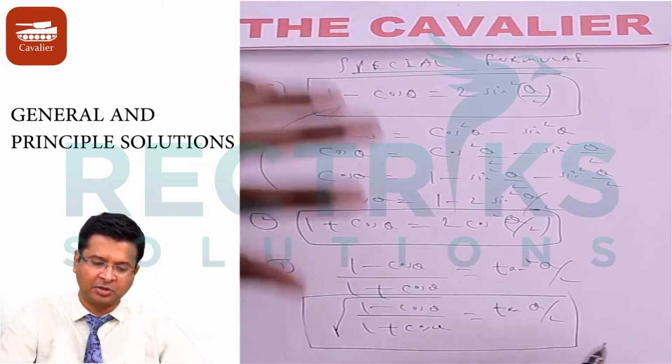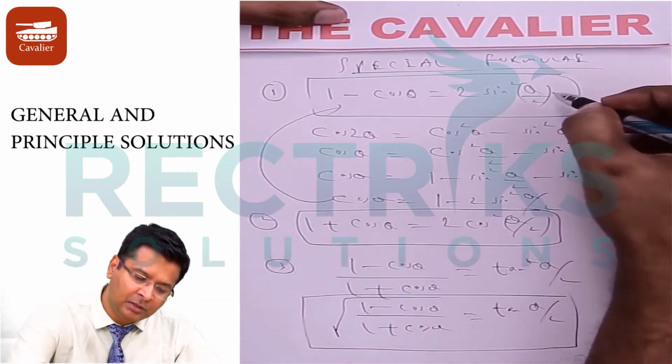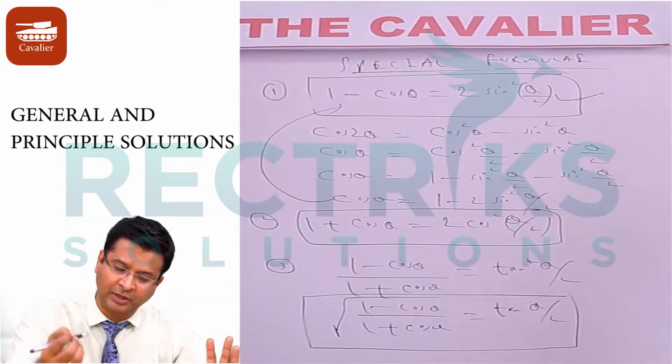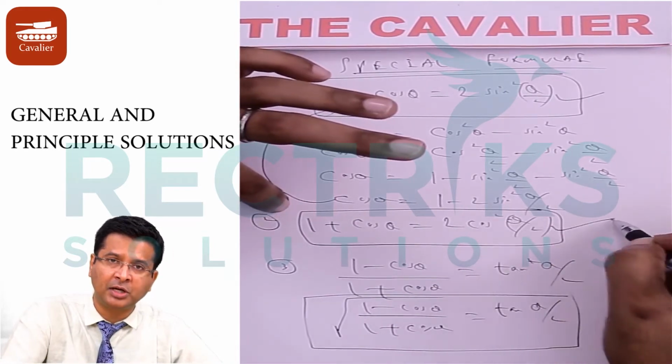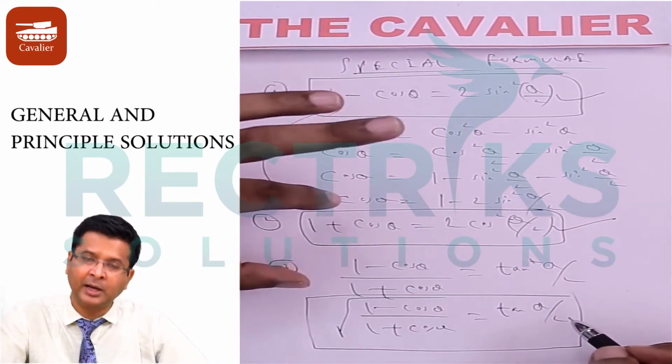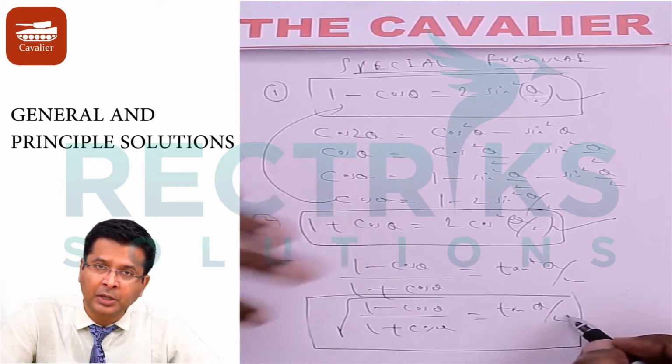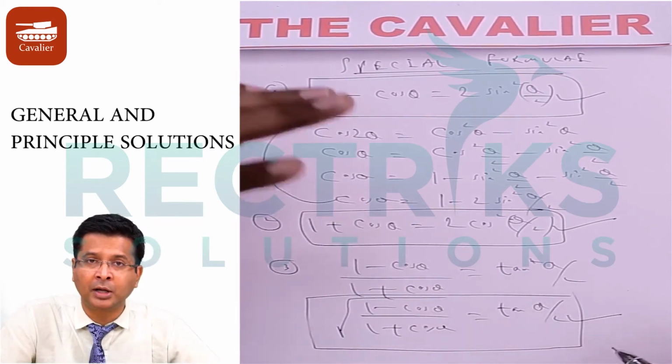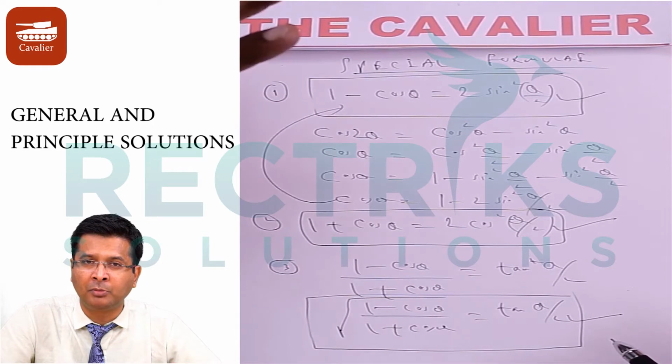So now you have got three derived formulas: 1 minus cos theta is 2 sin square theta by 2, 1 plus cos theta is 2 cos square theta by 2, and on dividing these two, we get the formula for tan theta by 2, which equals under root of 1 minus cos theta upon 1 plus cos theta.